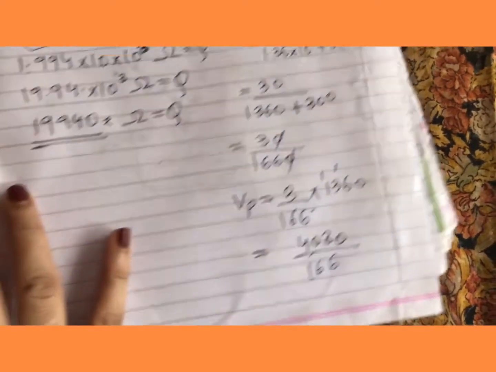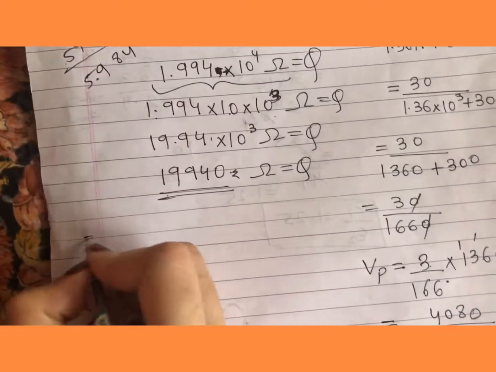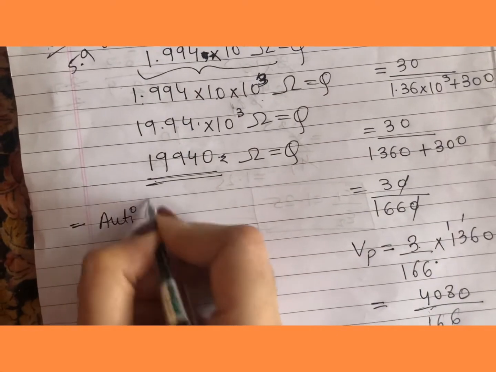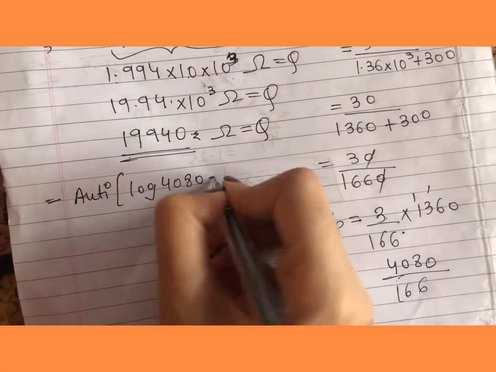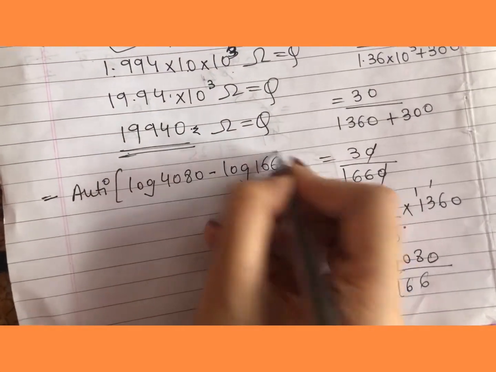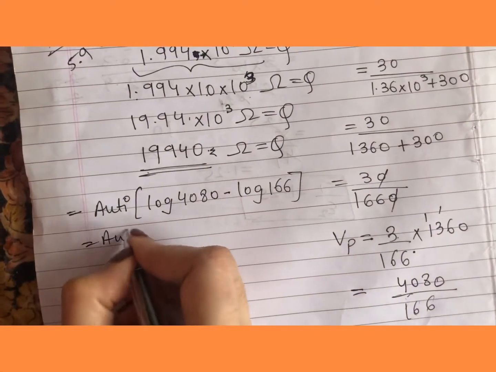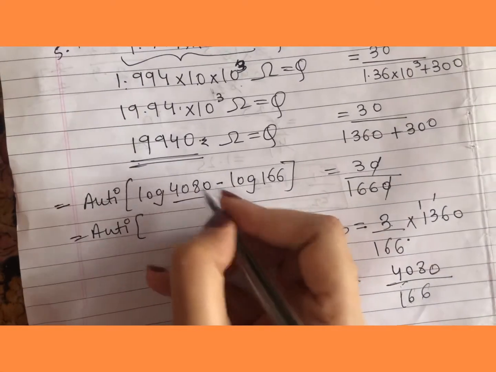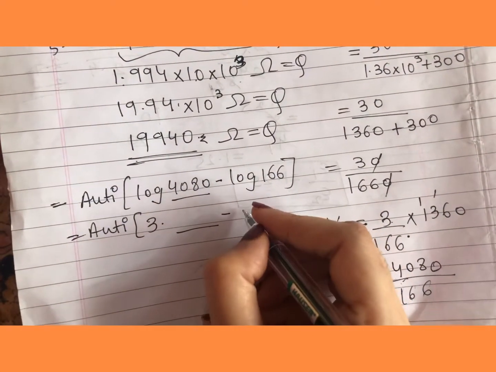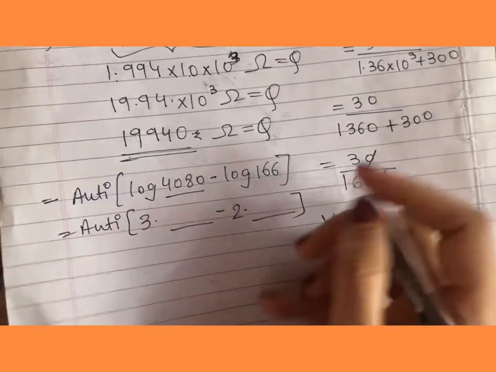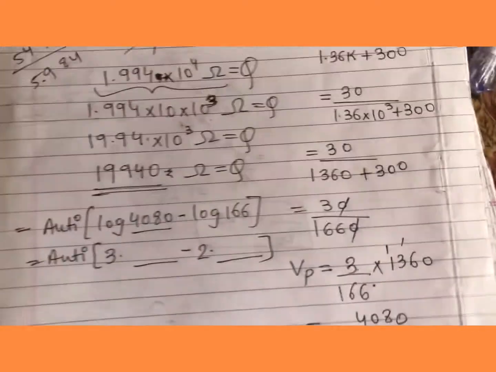So we'll directly apply log over here without wasting much time. Antilog of log of 4080 minus log of 166. For the characteristic, we have 4 digits, 4 minus 1 is 3, so 3 pointer. We have 3 digits, 3 minus 1, 2 pointer. Now let's apply log.